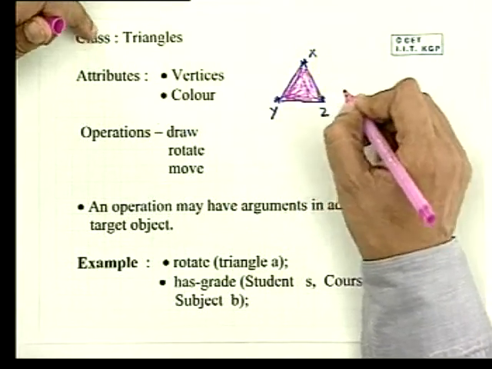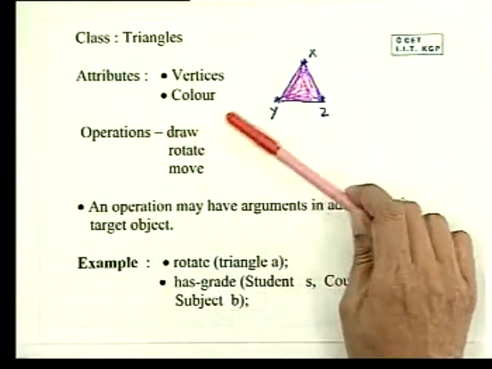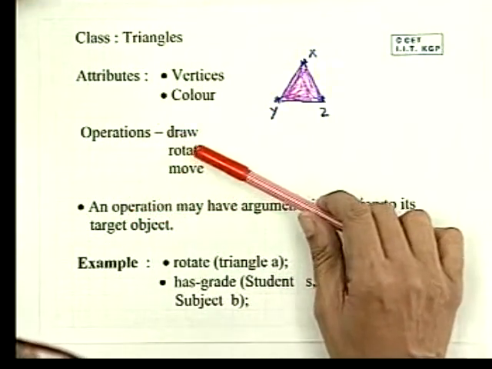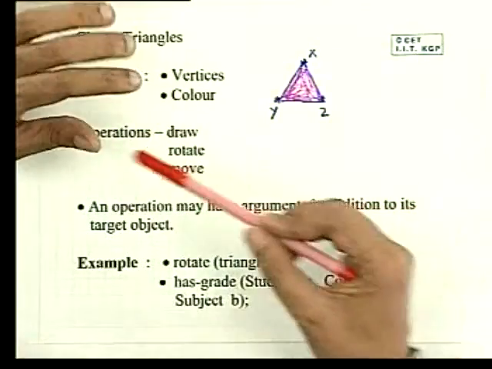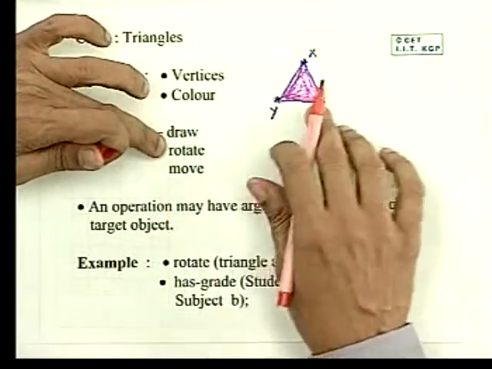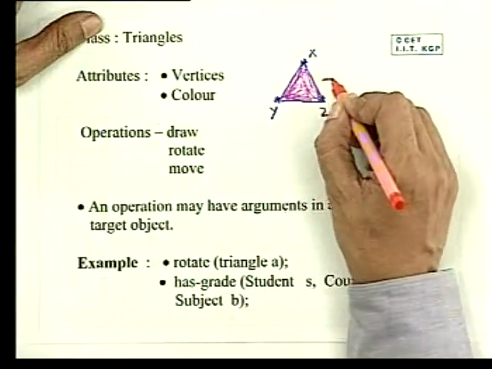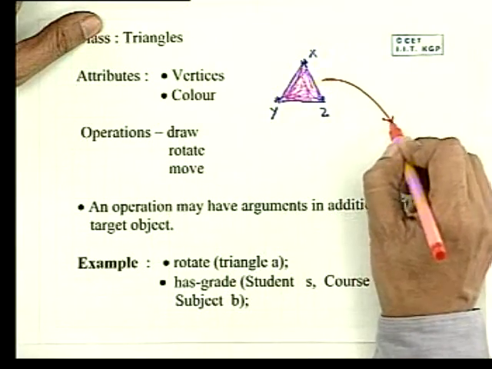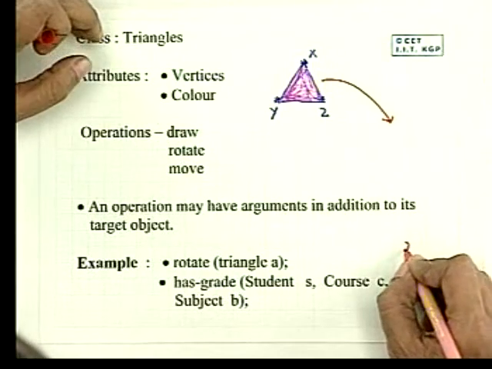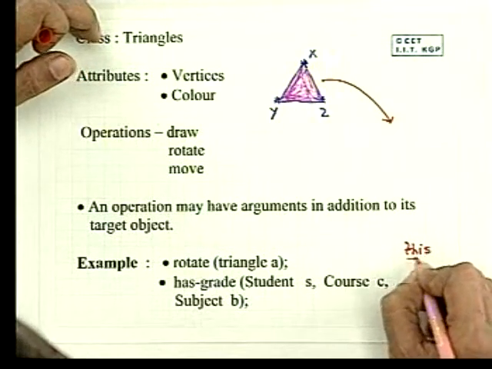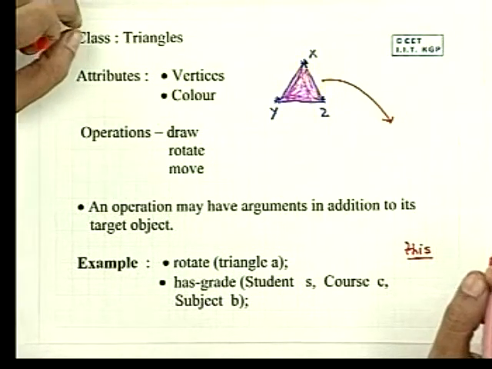Now, what are the operations we can perform? The operations will be draw a triangle, meaning we draw the triangle given the coordinates. Rotate a triangle: when we say rotate this triangle, for example rotate triangle A, we can talk in terms of the keyword "this", if we know that we are referring to the current triangle, the instance.